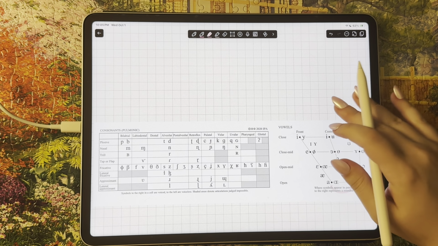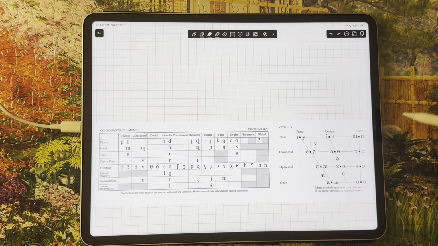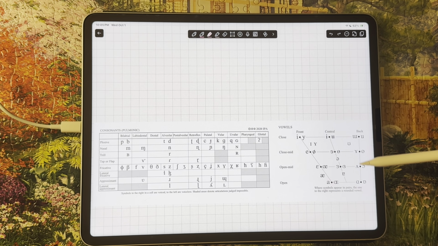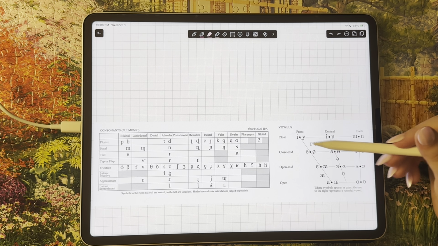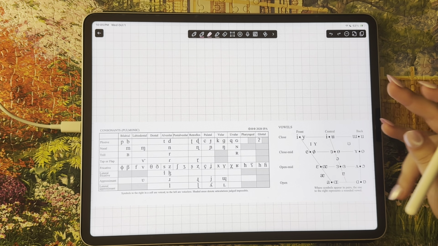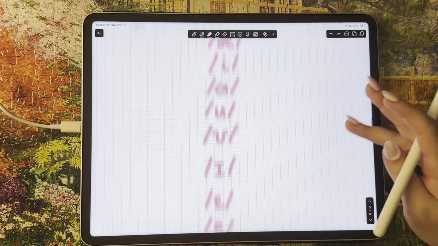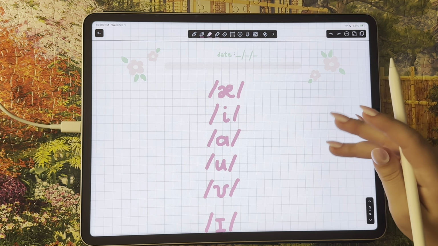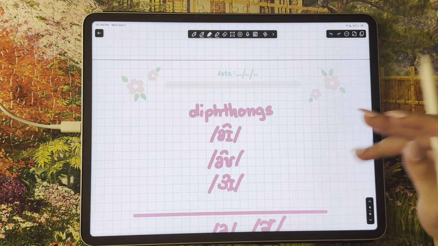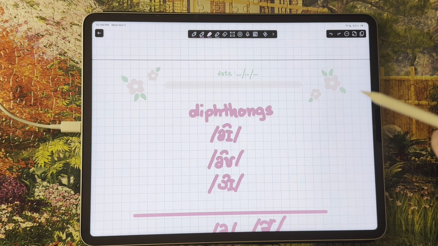They're both kind of pronounced like ah, but one is more front and one is more back. So in the word hot, earlier I said that this was for the word hot, but hot is in the back more. This one is more frontal, and I'll show you that in a second. I wrote out all of them, but I'll show you. So we have some diphthongs here.